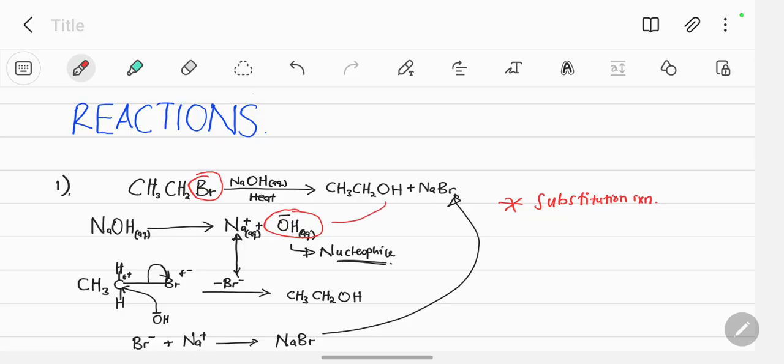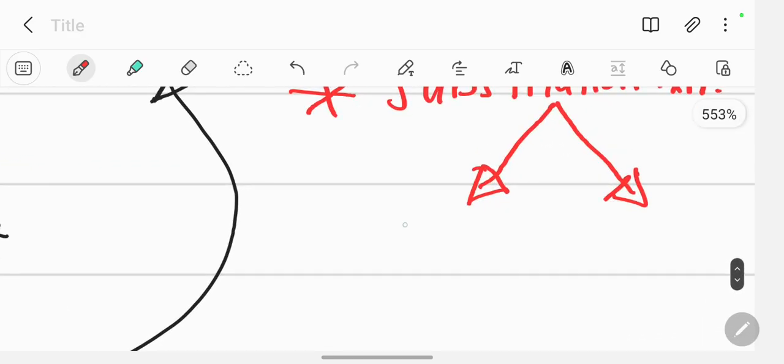I think the end result is bromine is no longer in its position. It was substituted. Now, under substitution reactions, we have two forms: substitution unimolecular and bimolecular substitution. So in Demystifying, you will find that they are going to indicate it as SN1 and SN2.